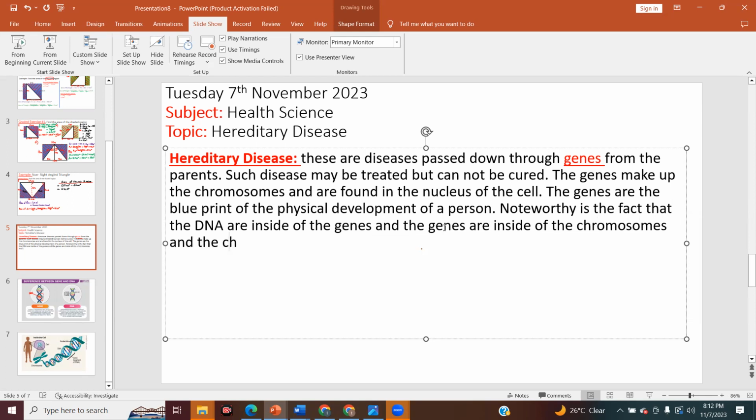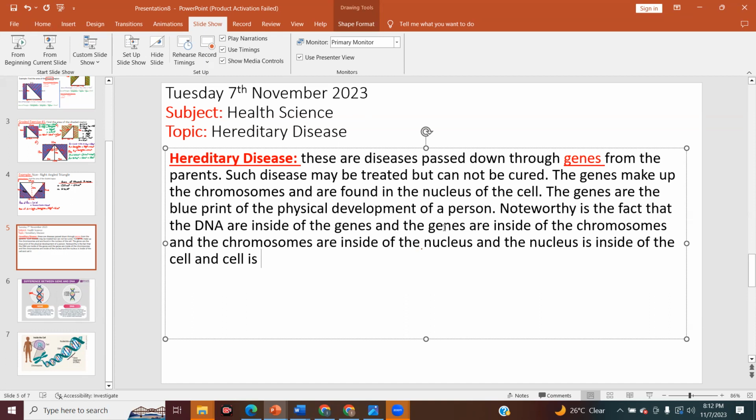And the chromosomes are inside of what? The nucleus. And the nucleus is inside of the cell.